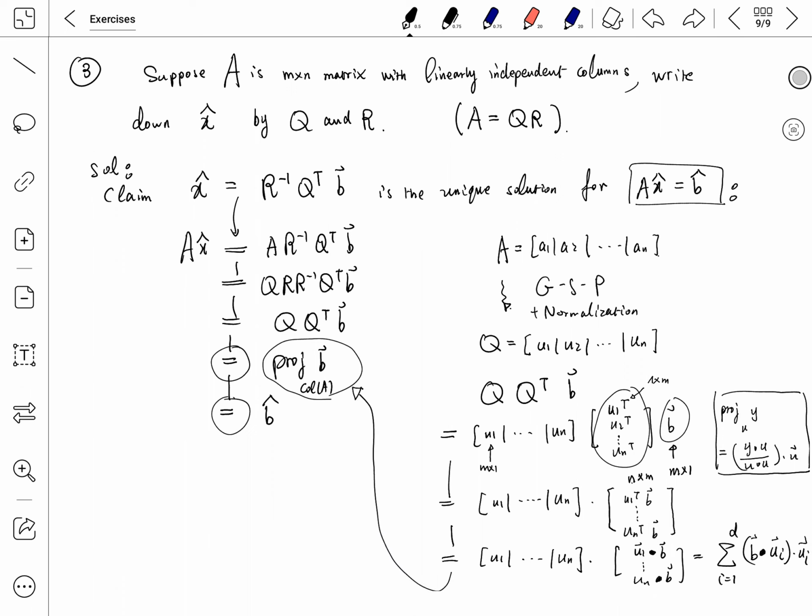Okay. Basically, you could think of this as some exercise showing that this projection onto a column space of A could be computed using QQ^T B. So think of this as some exercise, that solution of this is here. So we have finished the proof.